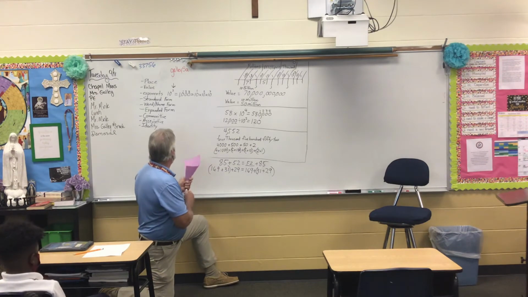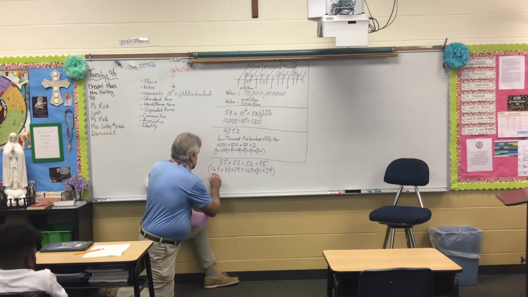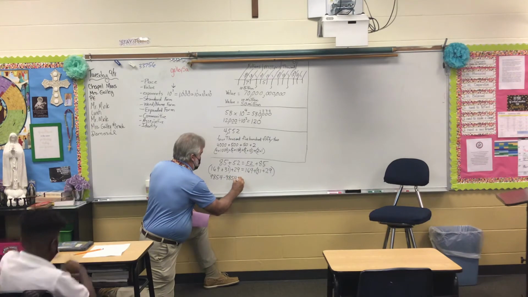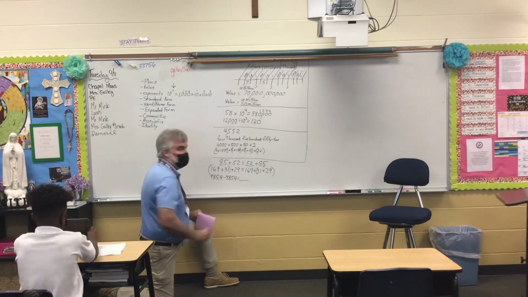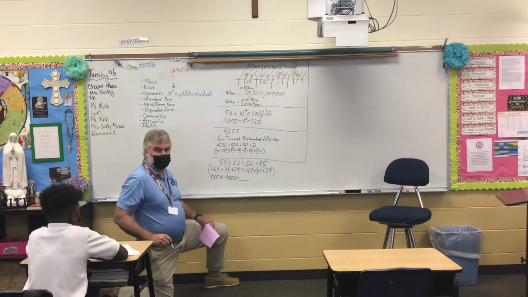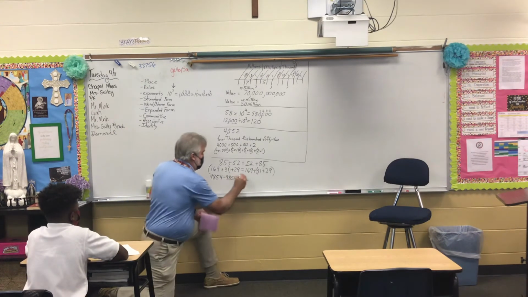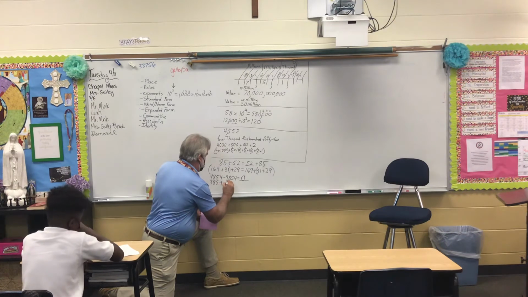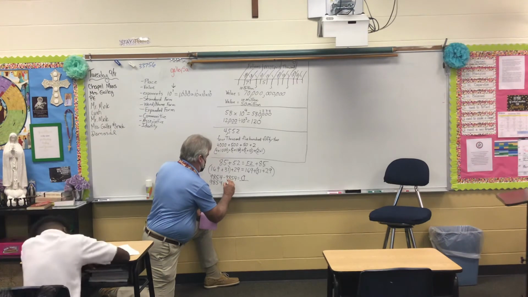Last one, identity. 0. Now what happens if you have 9,854 minus 0?